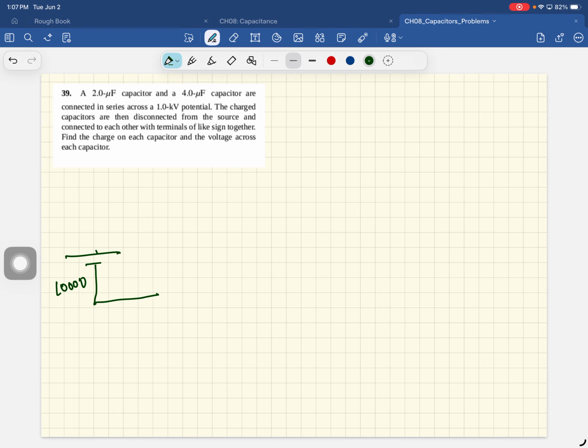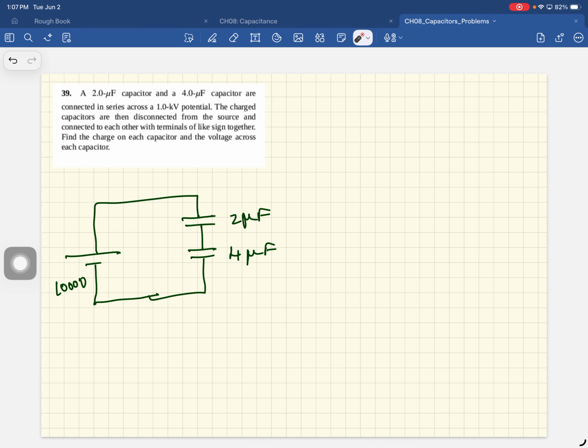So now you have two equations and two unknowns: Q1 plus Q2 equal to 2Q, and Q1 over C1 equal to Q2 over C2. Okay, so now you can calculate these charges. You guys understand what's going on?